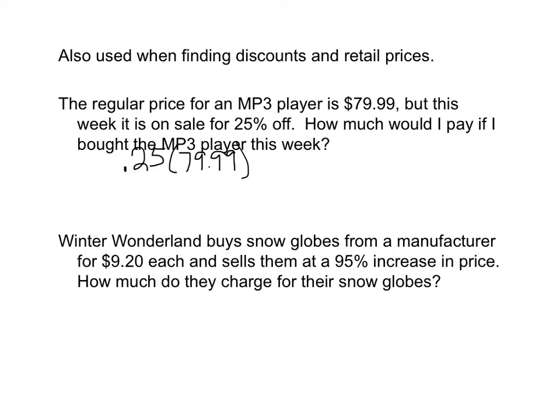In this case, it ends up being $19.9975. And I'm actually just going to leave it as that number. And now that's our discount. So I'm going to take $79.99, and I'm going to subtract out my discount, which was $19.9975.